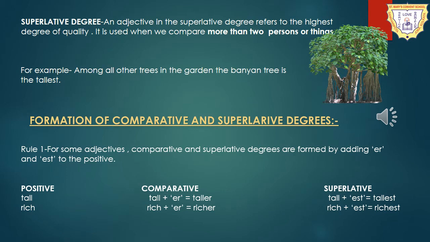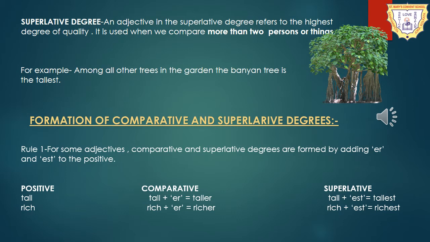For example, among all the other trees in the garden, the banyan tree is the tallest. So here we are comparing the banyan tree with all the other trees in the garden. So we are using the superlative form of adjective, that is tallest.